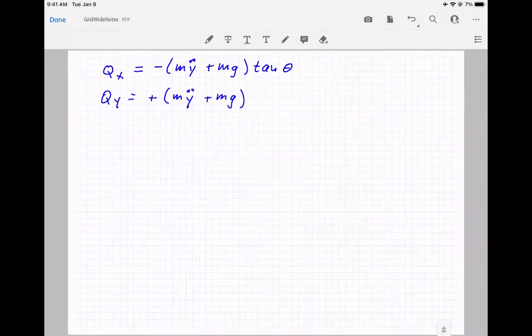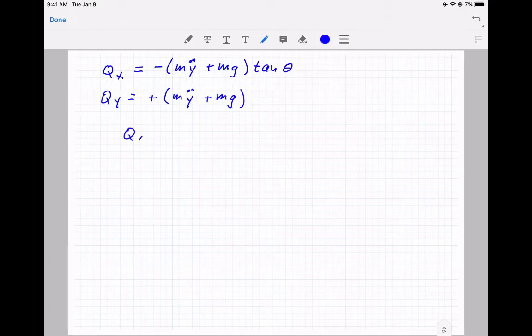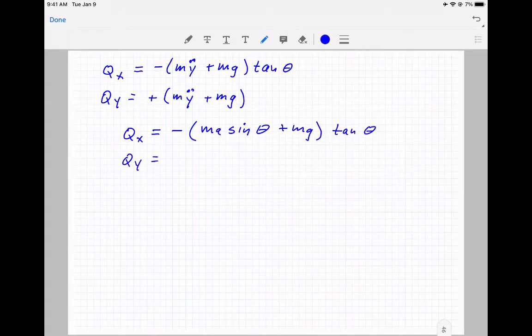And what we get finally is qx equal to minus ma sine theta plus mg tan theta, and I get qy equal to ma sine theta plus mg, where a is the acceleration along the wire, so we have to actually get that, okay?